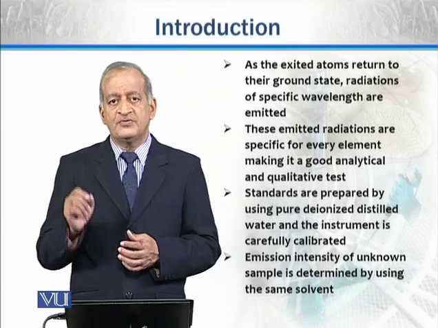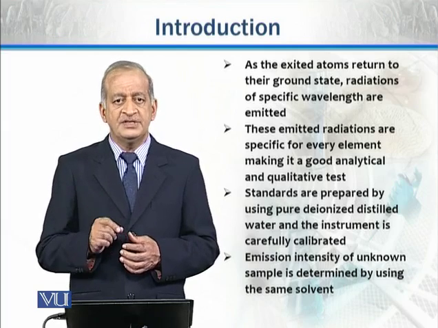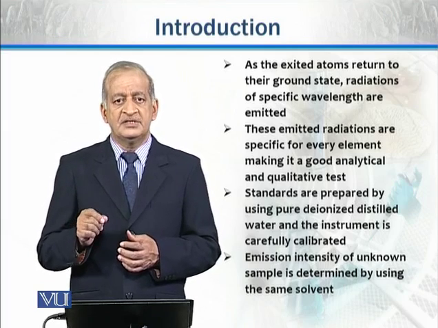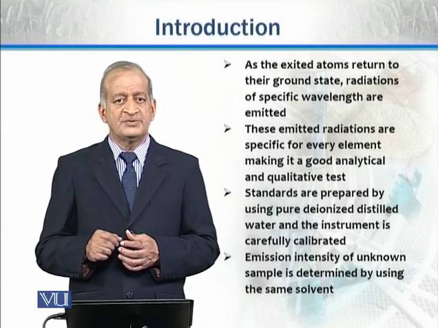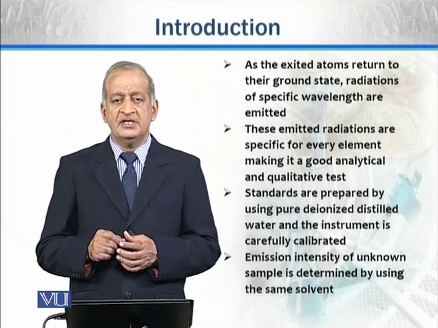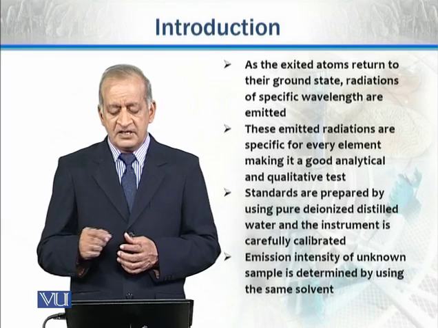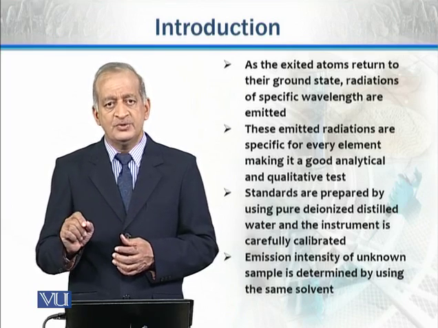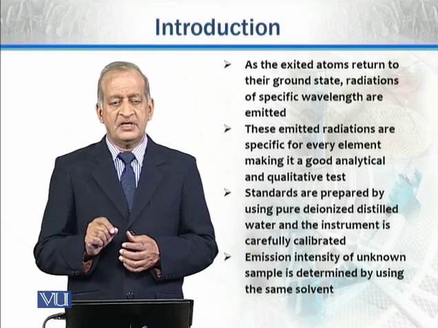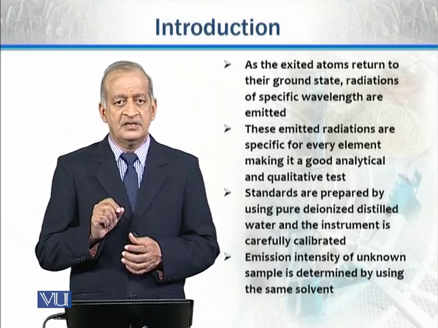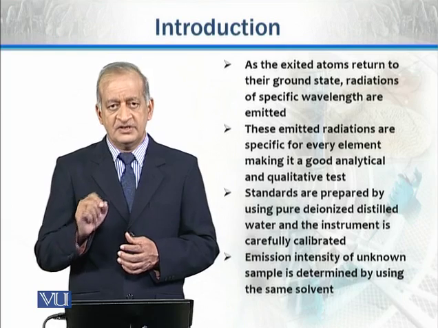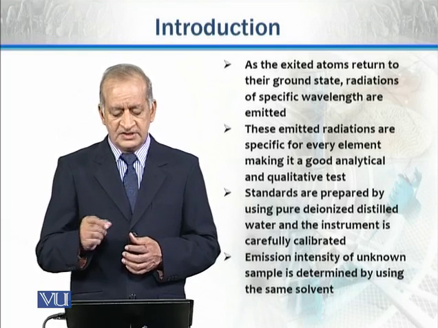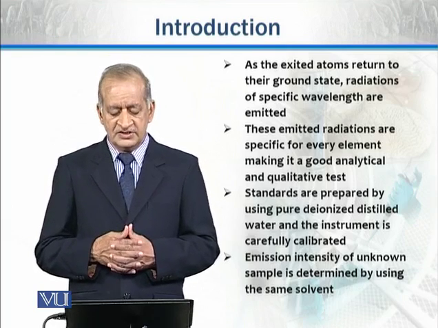On the basis of those radiations, we are able to see what element is emitting them. That's why we say it is a specific analytical qualitative test. The types of radiations produced in the flame depend on the type of element emitting them.